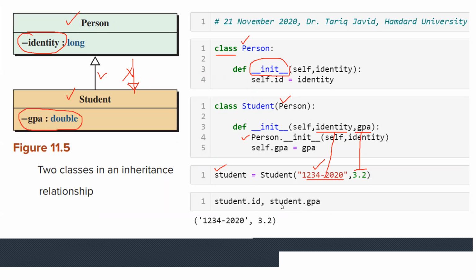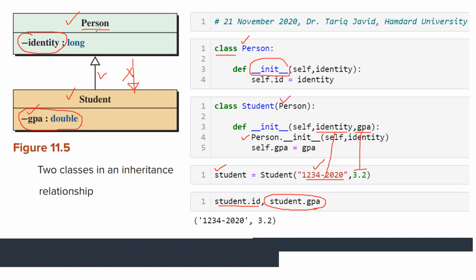Here one thing is important to note: student.gpa is clear because student has primarily an attribute GPA, which stores the grade point average of the student, a value. But the student ID is primarily the identification which is given through the person class.